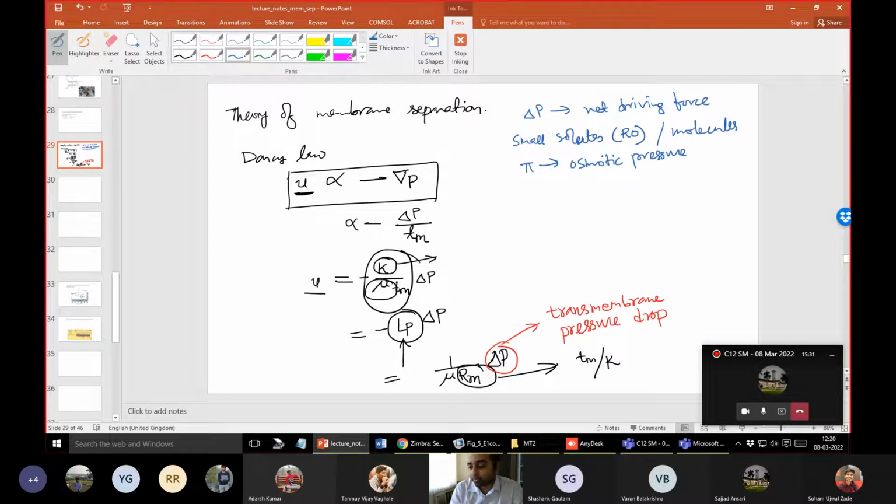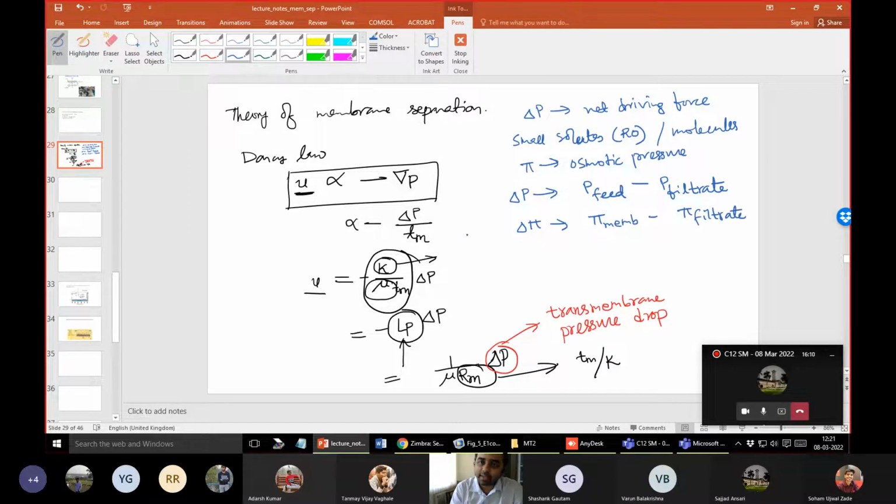It's not the osmotic pressure of the solution, it's the difference of the osmotic pressure across the two sides of the membrane. Similarly, as we write delta P is equal to P on the feed side minus P on the filtrate side, another important point is the delta pi, or the difference in the osmotic pressure. That is pi on the membrane side minus pi on the filtrate side.